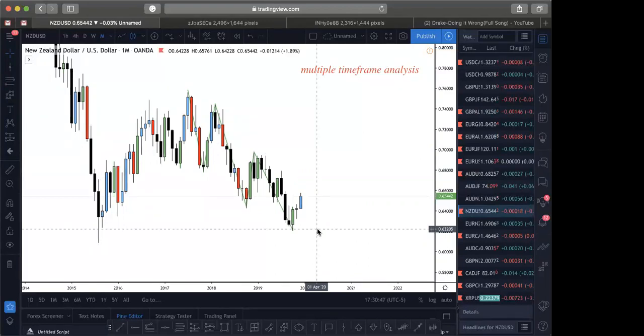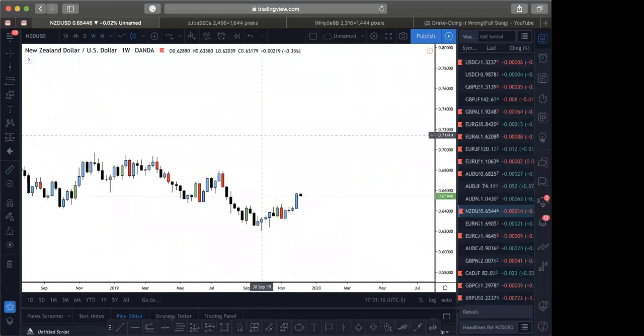Short trades are the trades that are going to work out, right? So, like I said before, when you hop on NZD USD, you can clearly see that the market is trending down on NZD USD on the monthly time frame. Kindly take note of that, right? Just so you're aware, right?